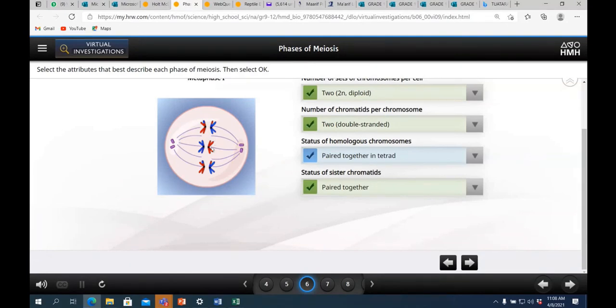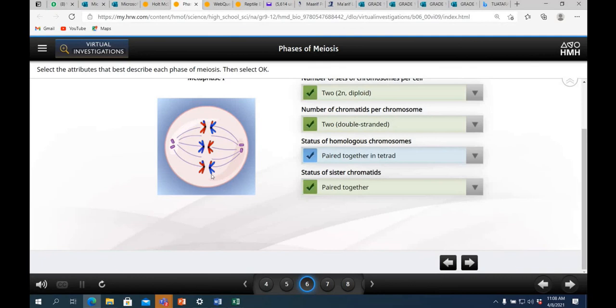But the nuclear membrane has disintegrated over here. We have to check out what is the meaning of paired together in a tetrad. I'll check and get back to you, ladies. So basically the answer... Yeah, what is it, Naya? It's the pair of 2 homologous chromosomes found during prophase 1 in meiosis 1.